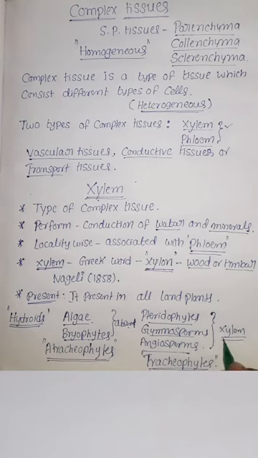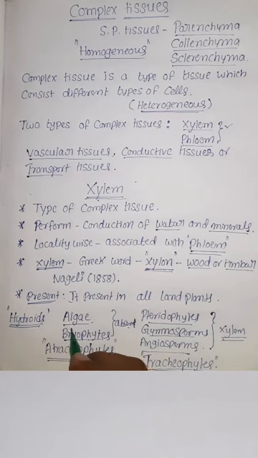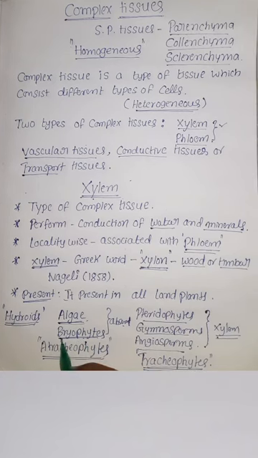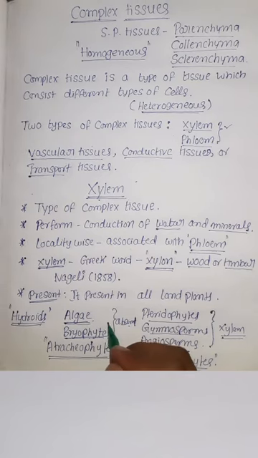Instead of xylem, here we have hydroids. In algae, they transport water and minerals from one cell to another through plasmodesmata and other interconnective structures.